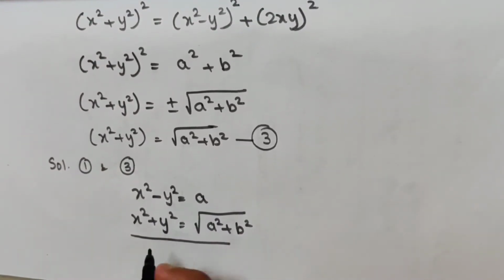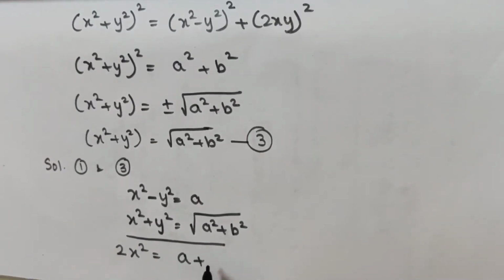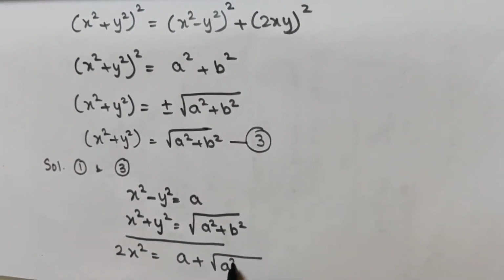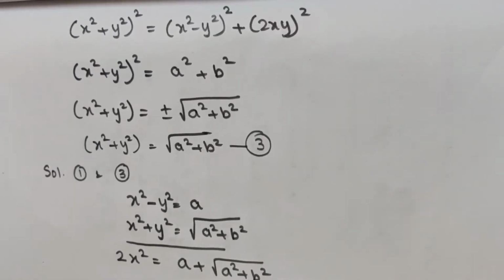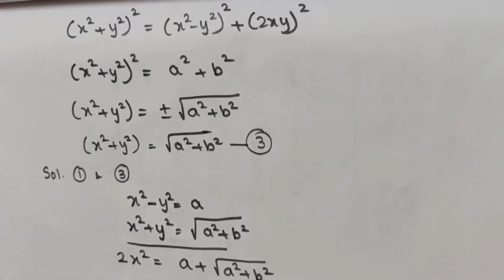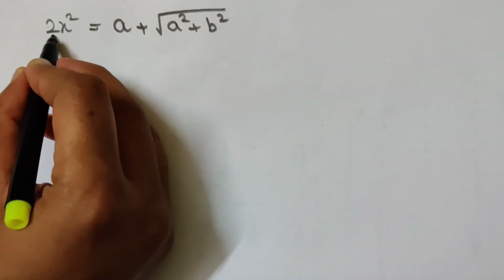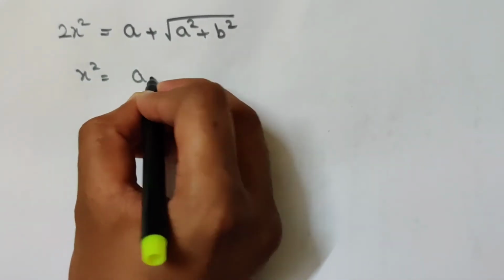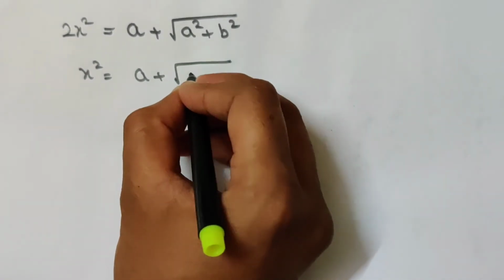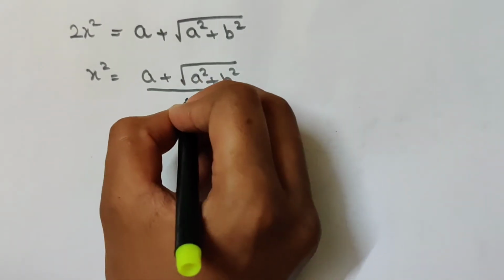Minus y square and plus y square get cancelled. So 2x square is equal to a plus root of a square plus b square. So bring this 2 to the right hand side. x square is equal to a plus root of a square plus b square divided by 2.